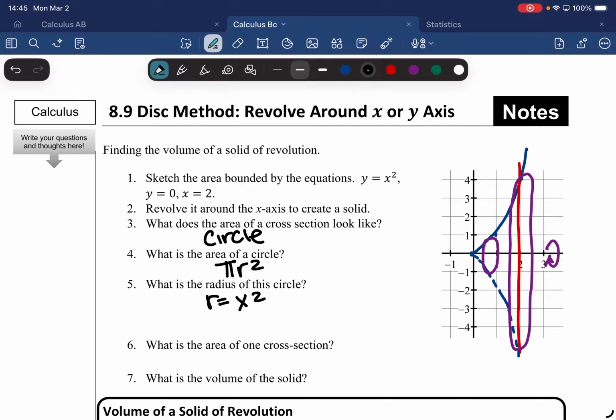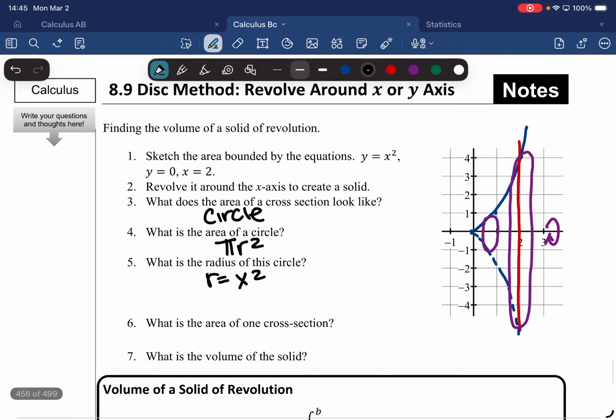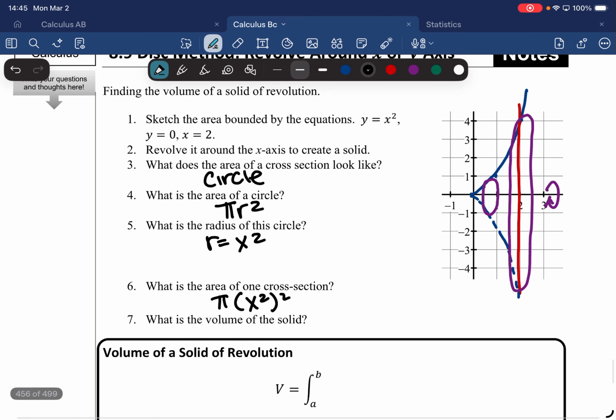If we plug r into our area, we have pi times x squared, squared. And the other day we talked about how to find the volume, which is when we integrate the area. So we're going to do the integral, and we're looking at x. At x we went from 0 to what number? 2, right?